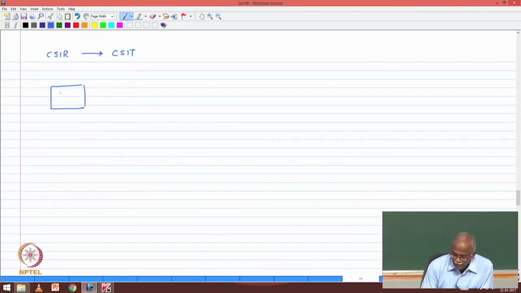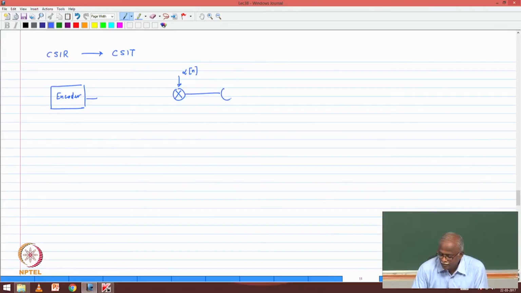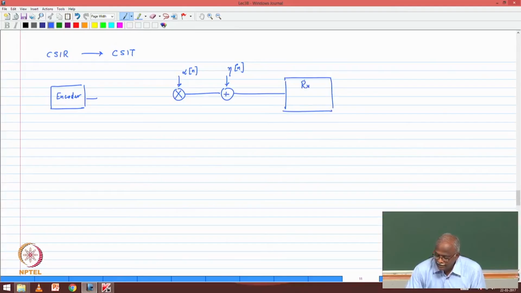Encoder, okay, and then as we have drawn before, the alpha of n is present. That's the fading. The noise AWGN, and then at this point there is a decoder. So I will call it the receiver slash decoder. Okay, this is also encoder plus transmitter.